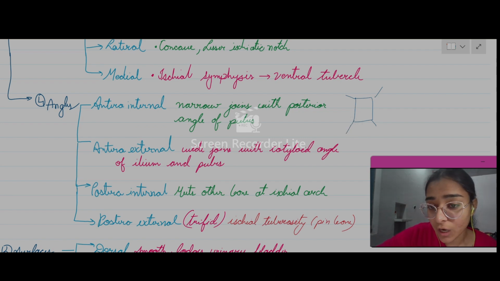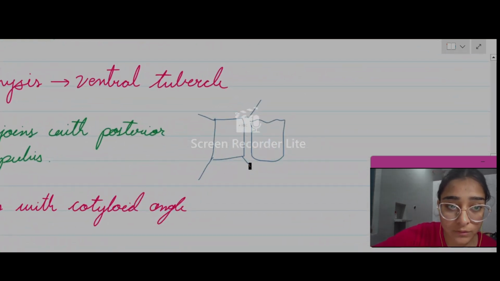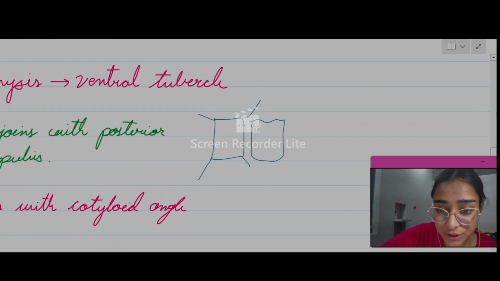So how do I name this angle as internal and this angle as external? By locating the position of the ischium bone of the other side. So if I talk about this ischium bone, this is the internal part, this is the external angle, anterior external.